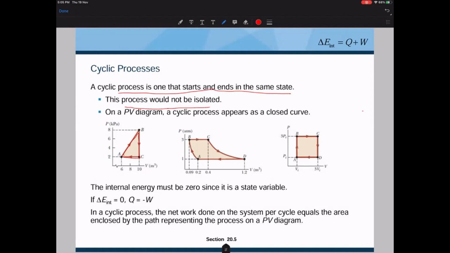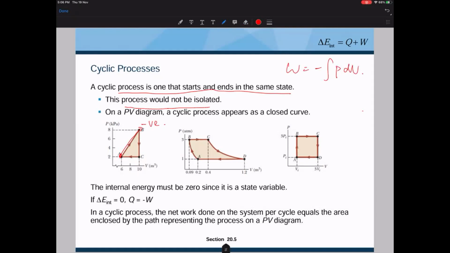Remember, when you are moving from one state to the other, you are performing work. What is the work done? Negative of the area under the graph. So when you are moving from, say, A to B in the left diagram, there is work done. From A to B, it is an expansion. Work done is negative, because work done is equal to minus PdV.